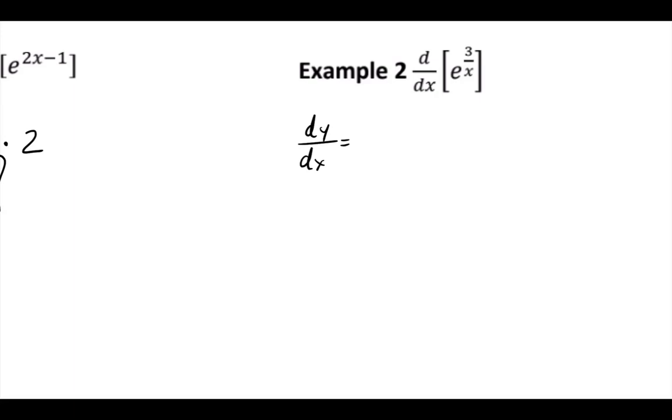Anyone see anything? Okay, so let's start. Repeats itself, e to the 3 over x times, and then how am I going to find the derivative of the exponent? Because that's what I've got to do next, right?